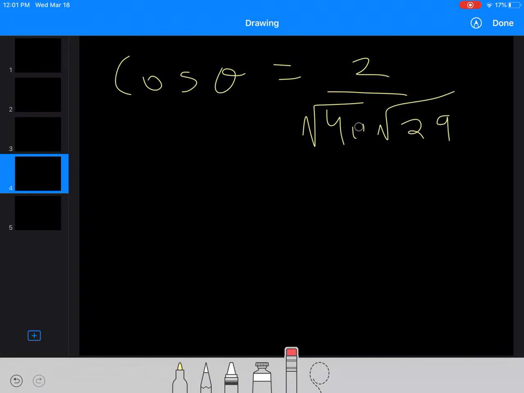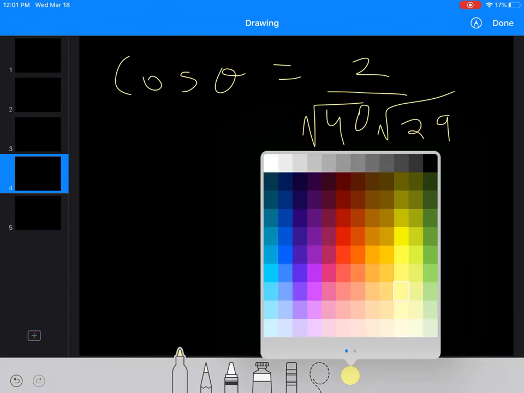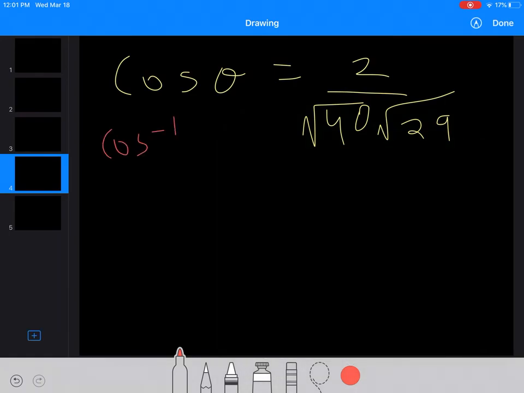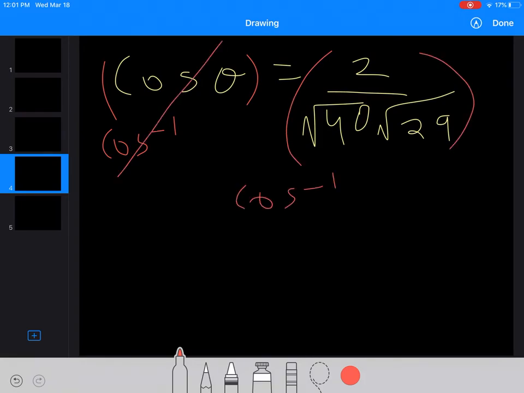So we just need to do the cosine inverse of both sides and see what we get. Now just remember that your calculator is in degrees so we can get the correct answer.